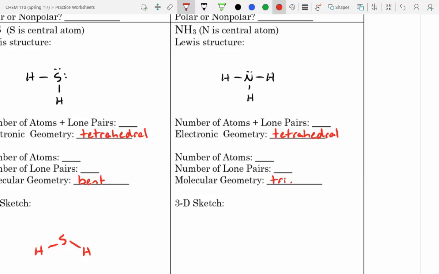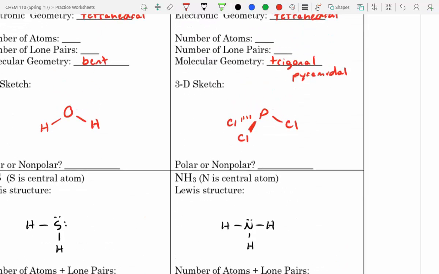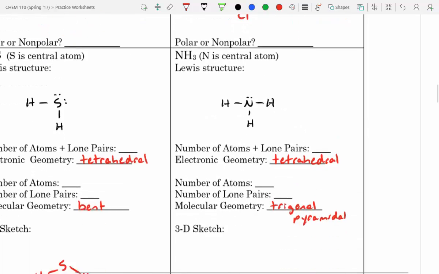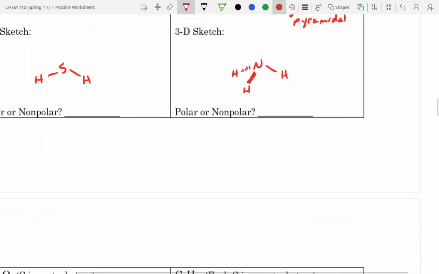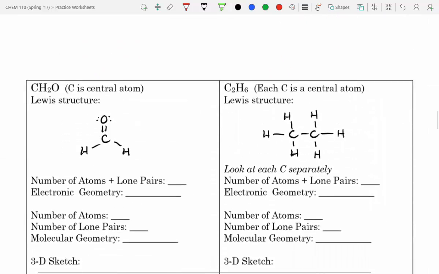Yeah, trigonal pyramidal. In fact, this looks a lot like the phosphorus trichloride model that you made right above it, right? So I'll go ahead and draw in ammonia here. So I'll make this one a wedge. This one's kind of a dash, and there we go. All right, let's continue on.